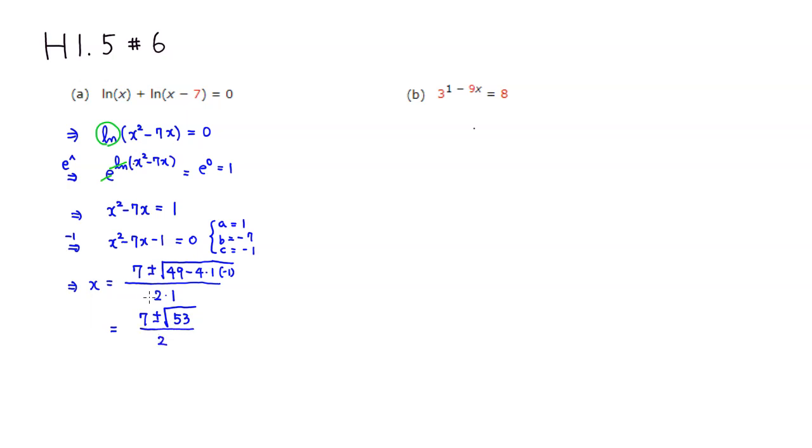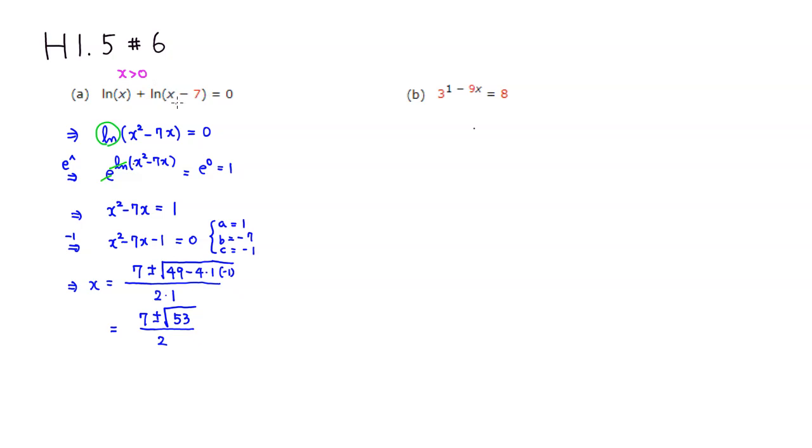There are two versions actually, 7 plus square root of 53 over 2, and 7 minus square root of 53 over 2. 7 minus square root of 53 over 2 is going to be a negative number, which cannot be the right answer, because we know that the natural log only takes positive values. So from here, we know that x has to be greater than 0.